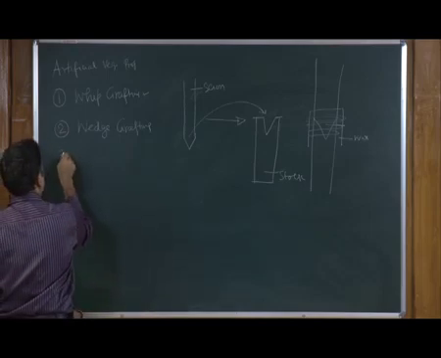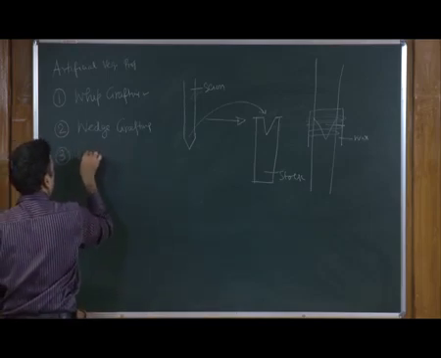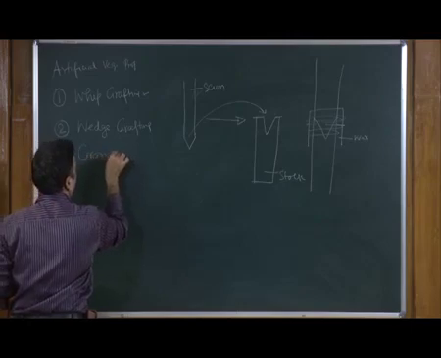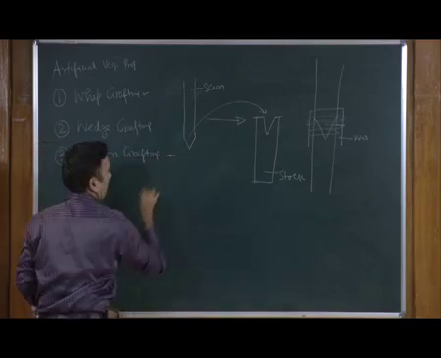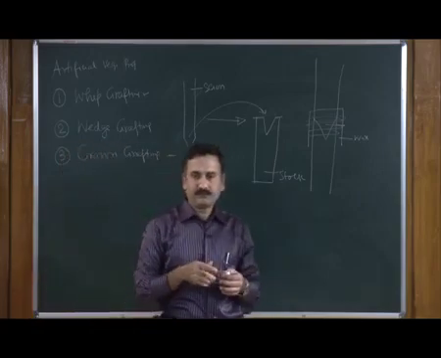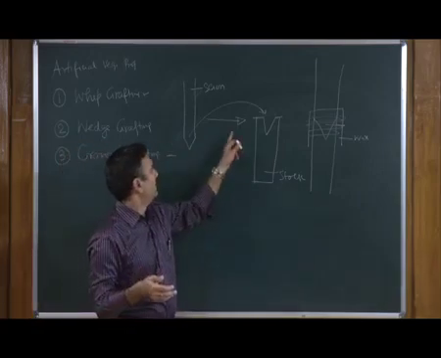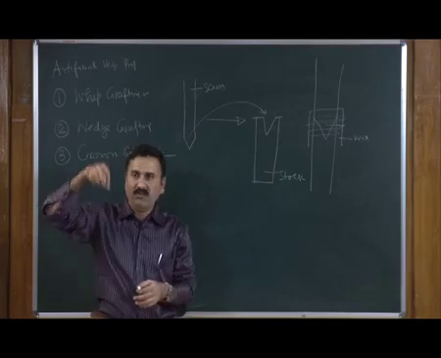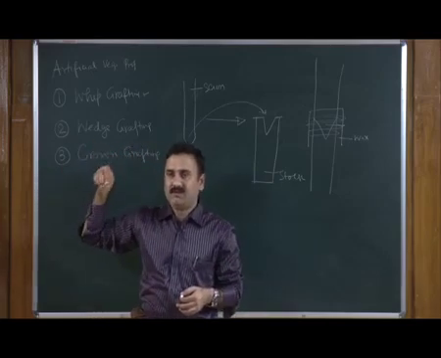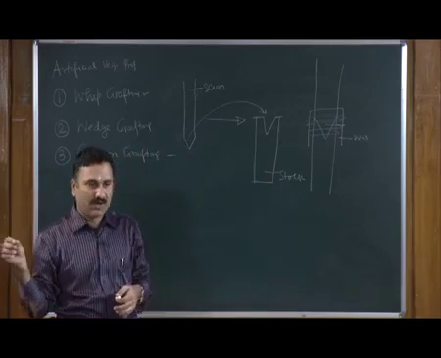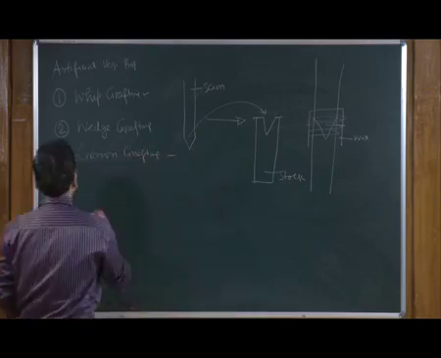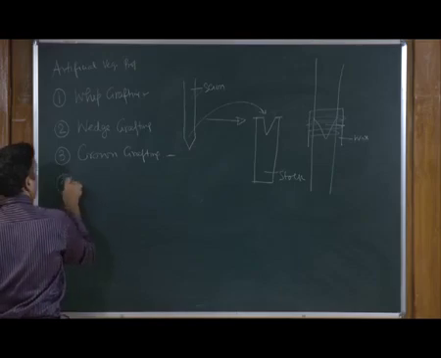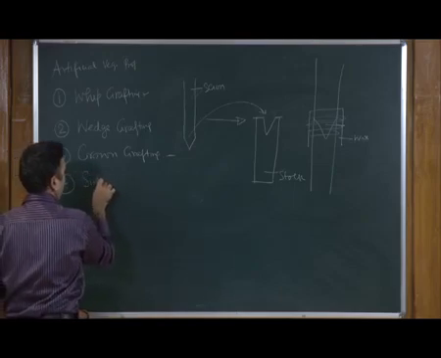Number 3, you can do a crown grafting. In the crown grafting, you do exactly the same way, but you put multiple wedges on the single stalk, and that is called crown grafting. Then you have the side grafting.